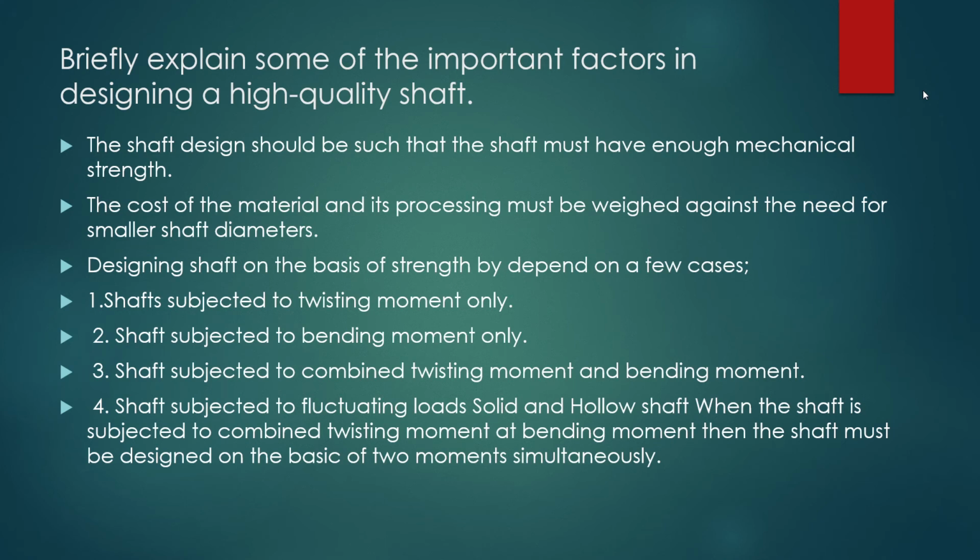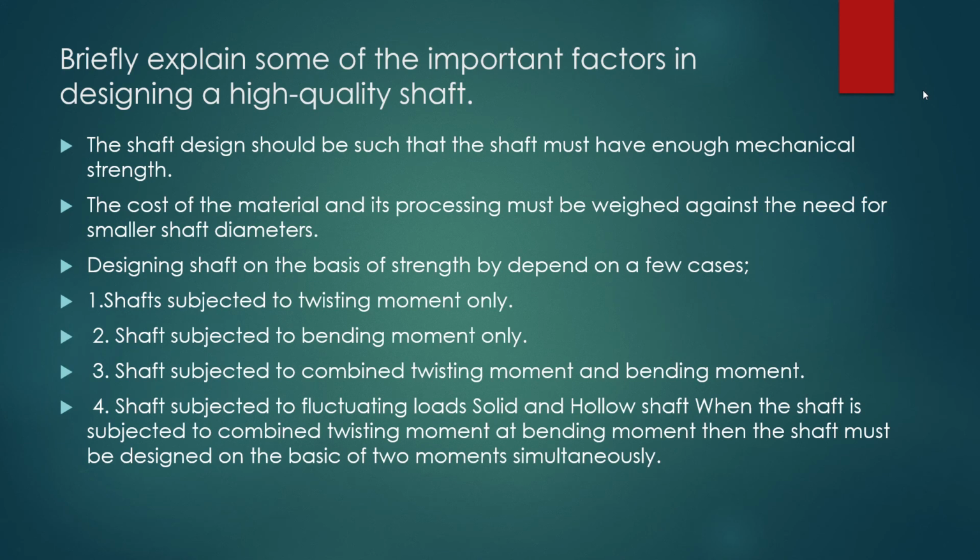good heat treatment properties. And the last one, in designing a shaft on the basis of strength, the following cases may be considered. First, shaft subjected to twisting moment only, then bending moment only. Third is the combined twisting moment and bending moment, and the fourth is the shaft subjected to fluctuating load, solid and hollow shaft.